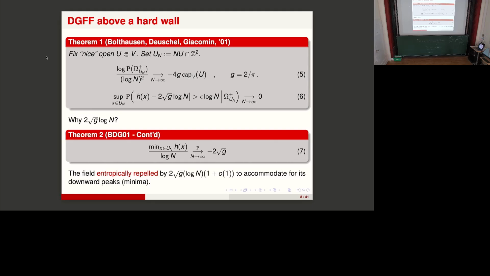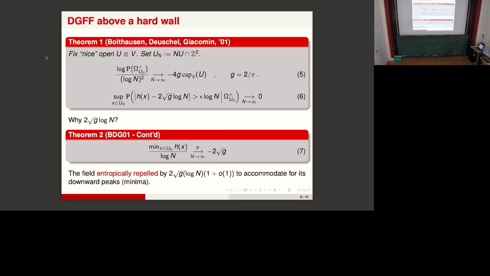If you take a subset of your continuum domain, say the unit box, so I have some subset of the unit box, which is compactly embedded, and I discretize it as well. And now I require the field to be positive in this subset of the domain.